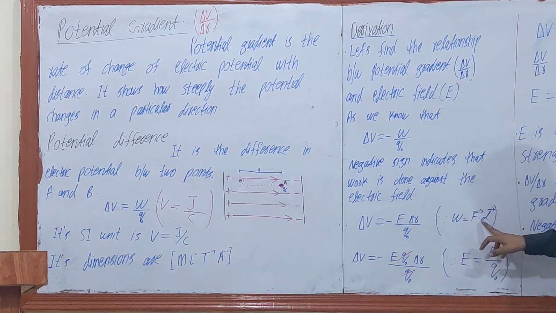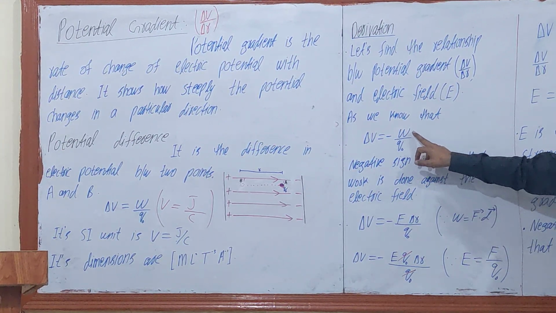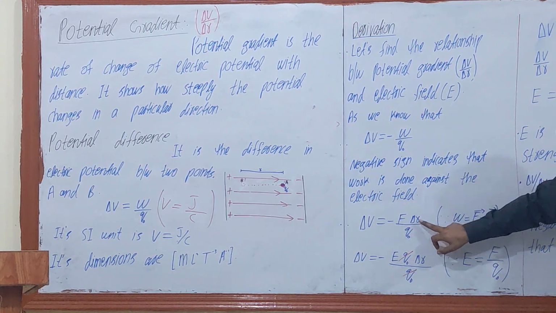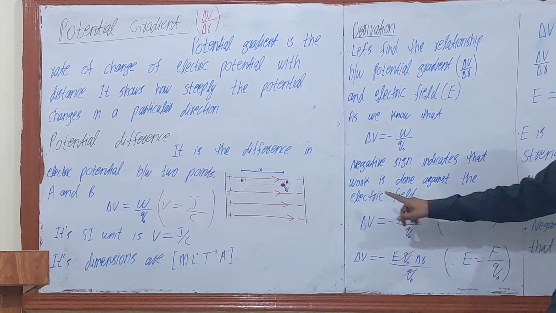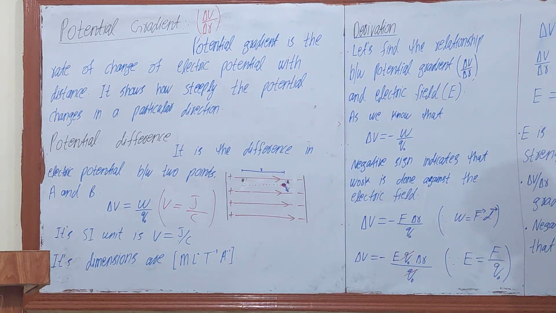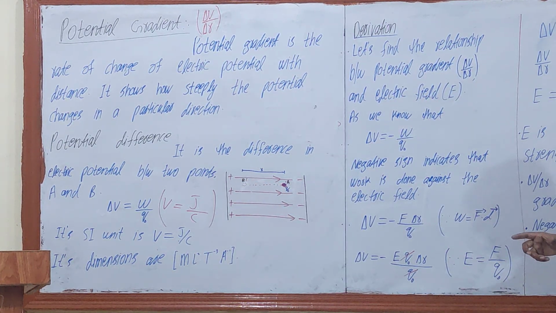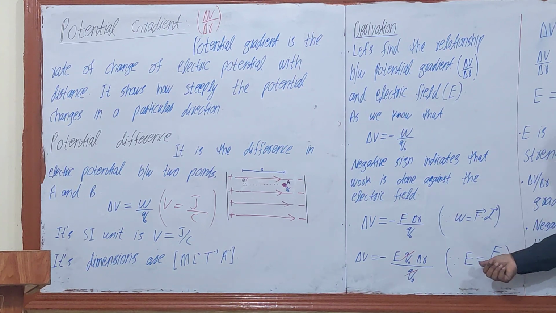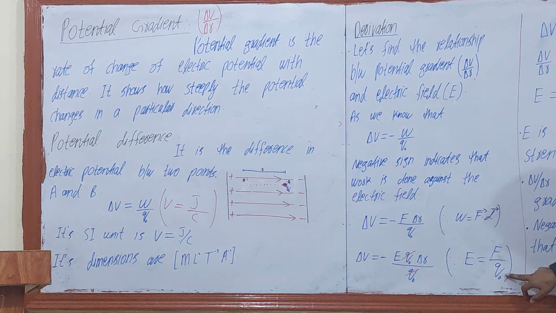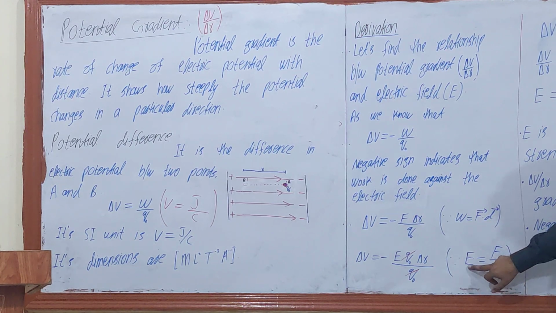Work is equal to force and displacement. So replace the W with force and displacement. del R is the displacement between point A and point B. In the previous lecture on electric field strength, we studied that the force per unit charge gives the electric field strength.